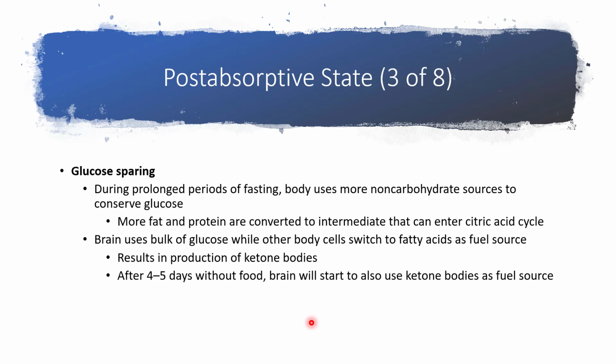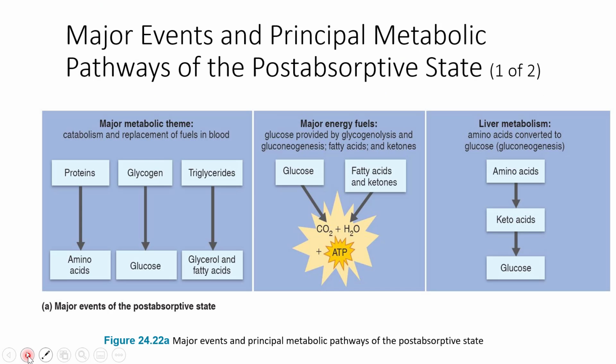The brain most especially uses the bulk of glucose while other cells switch to fatty acid as a fuel source. The brain cannot use this and will only be using glucose. This results in the production of ketone bodies. And so at 4 to 5 days without food, the brain will also start to use these ketone bodies as a fuel source because the brain really needs ATP.